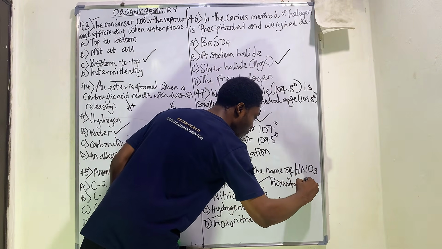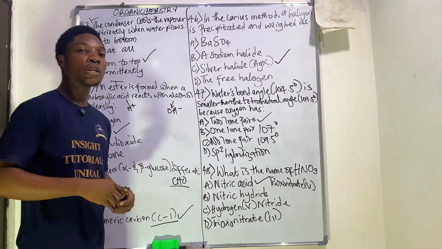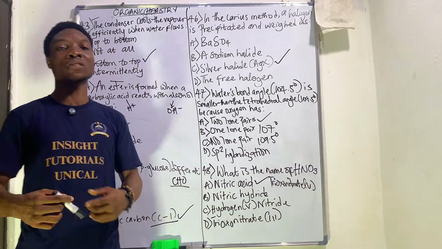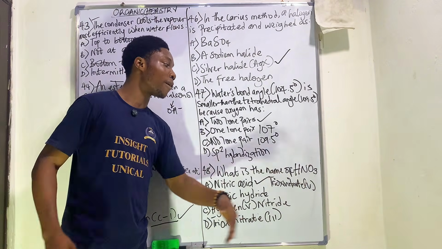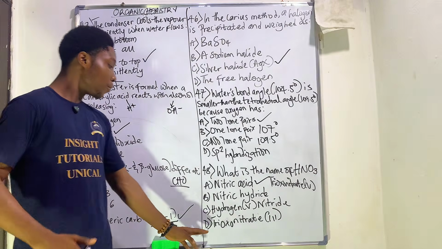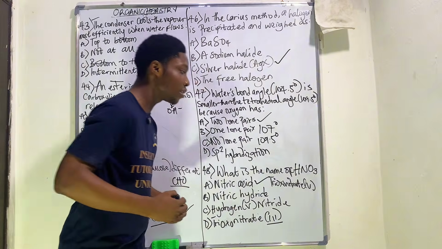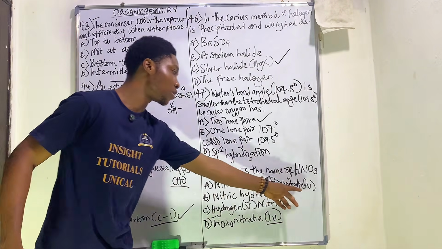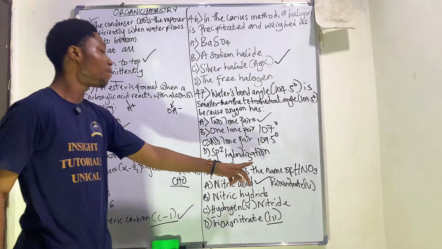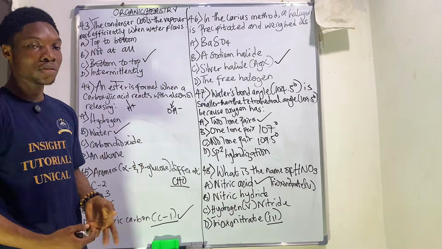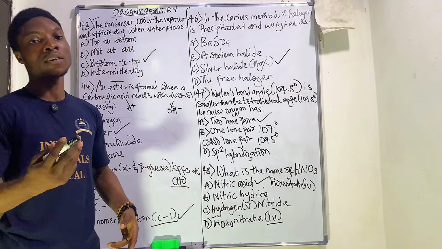This is because the oxidation state of nitrogen here is 5. Now, you can see option D is trioxonitrate 3. This is actually wrong because the oxidation state of nitrogen there is not 3, but it is 5. So it is nitric acid or trioxonitrate 5, not nitric hydride, not hydrogen 5 nitride.